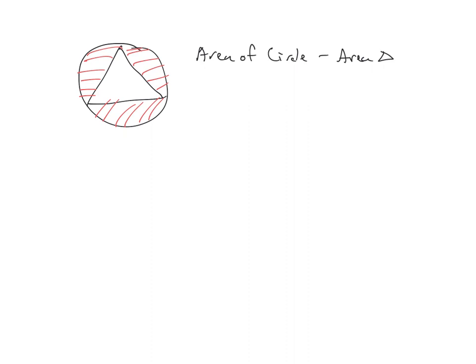So you're still going to do half apothem times perimeter for each of the polygons. That's what you'll use for your area of the triangle or whatever polygon you have. And then just remember the area of the circle is pi r squared. Remember the radius is going to be from the center of, for instance, the triangle here on this one.